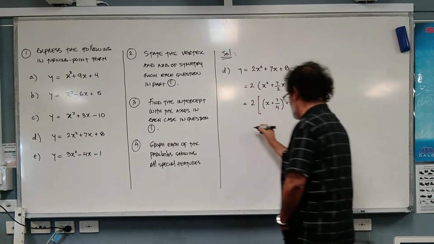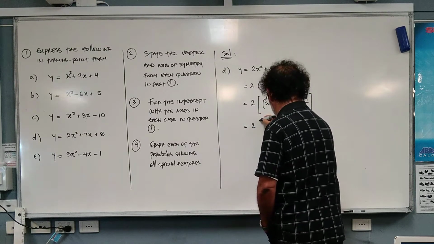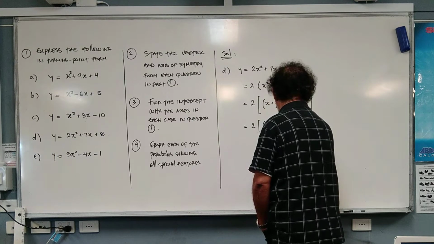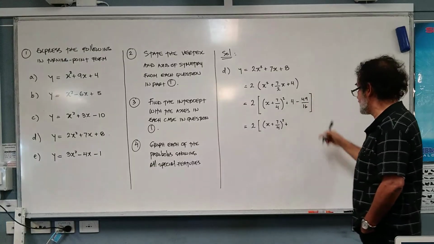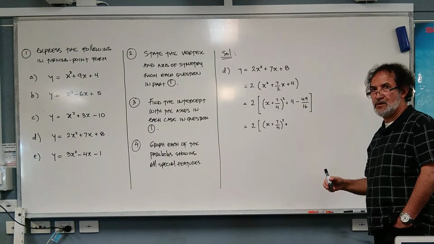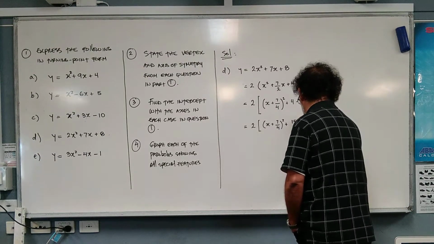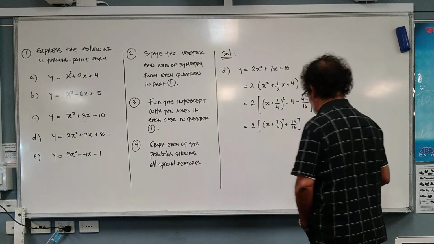Can you please do that? So what's the answer? 4 minus 49 on 16? 15 over 16. All right.